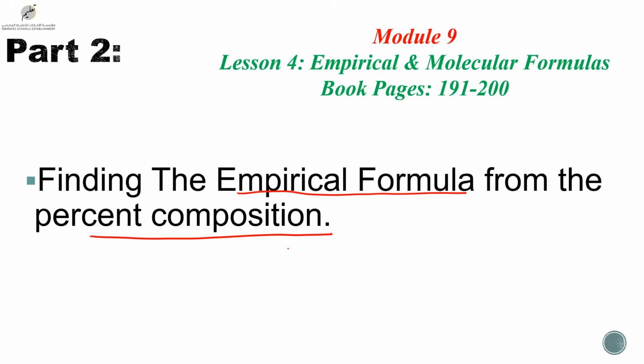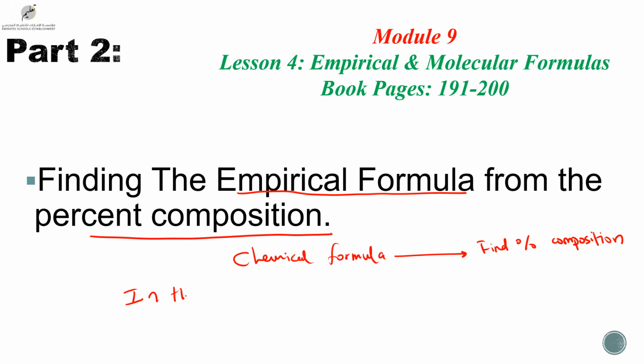Okay, so remember in the previous part I gave you the chemical formula, right? And then you found the percent composition, right? In this lesson, I'm going to give you the percent composition, okay?